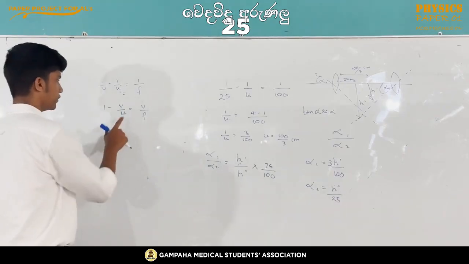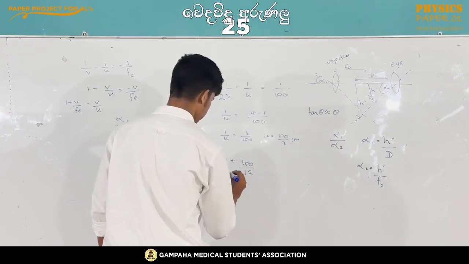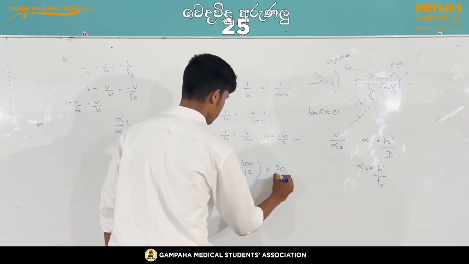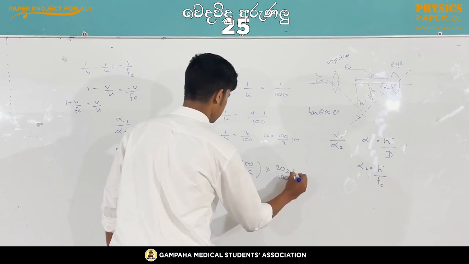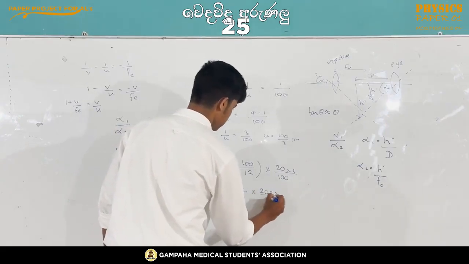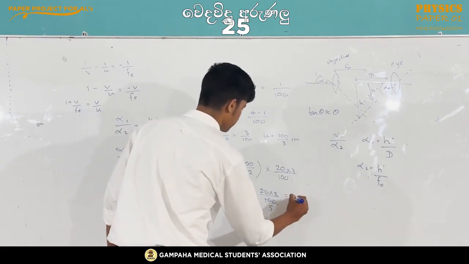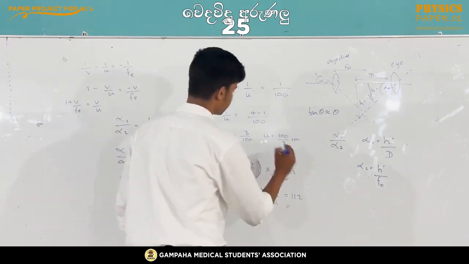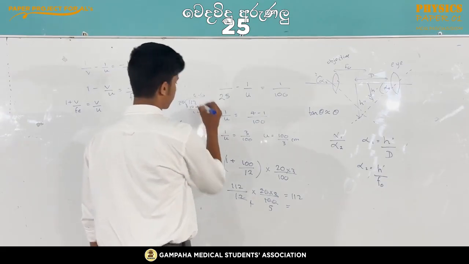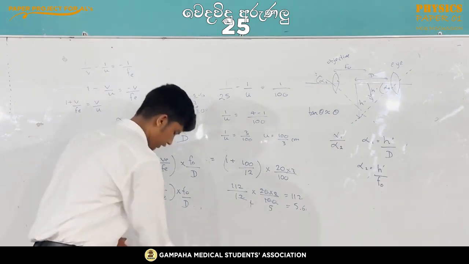So we know that v over u is equal to the linear magnification. So once we divide 112 by 20, it will be 5.6. This is the answer. So the correct answer is the fifth one.